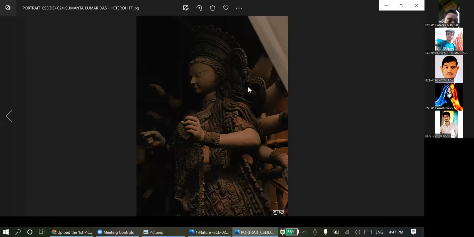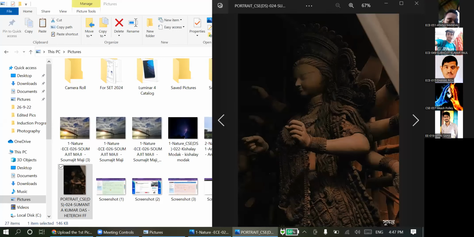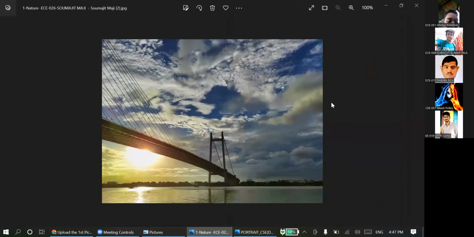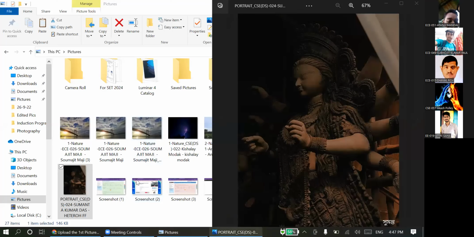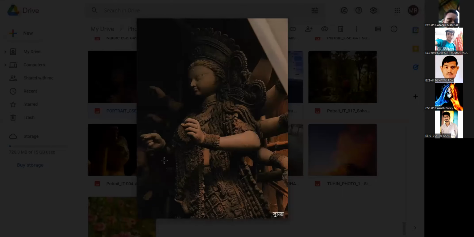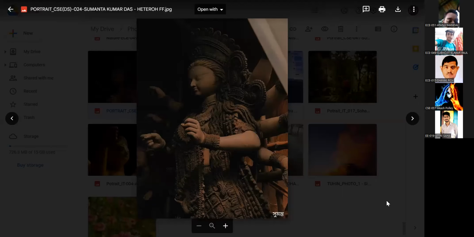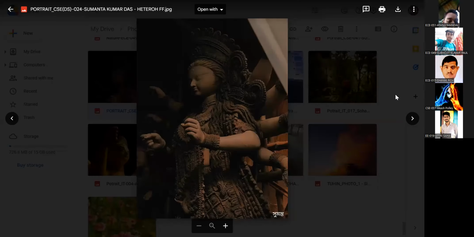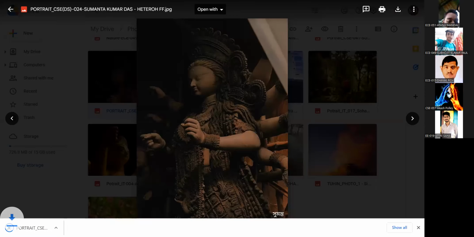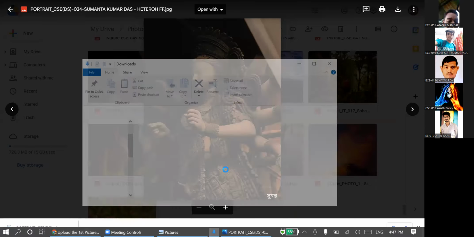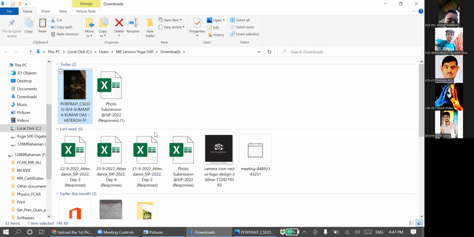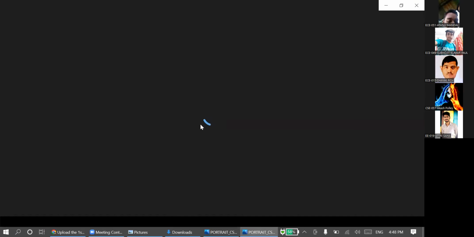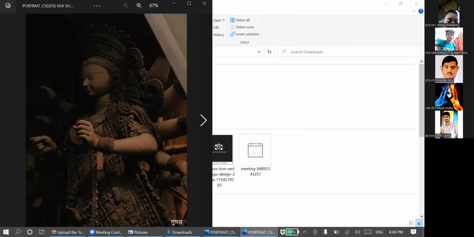After editing, this picture is on the right hand side, and the other picture is just downloaded. I'm showing these two pictures side by side so that you can see the difference.